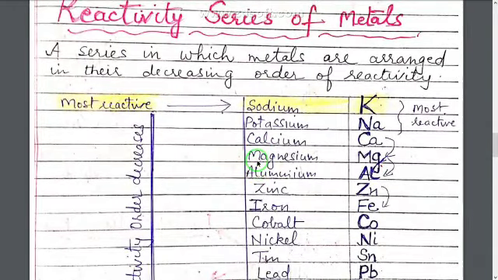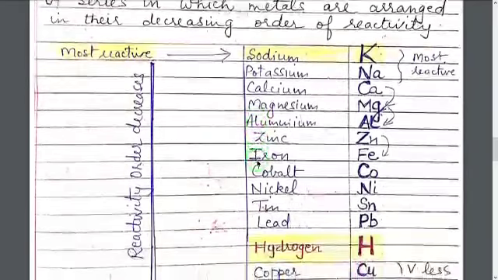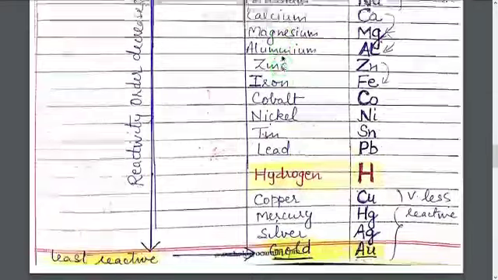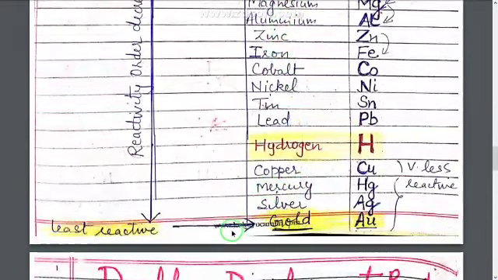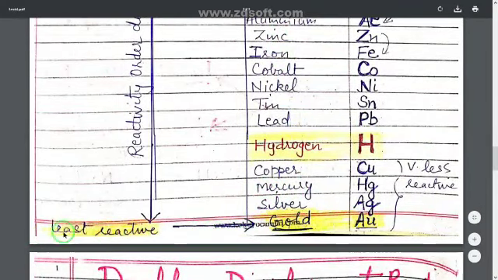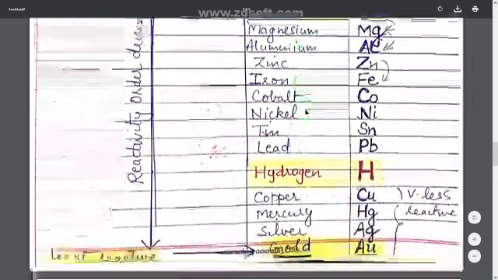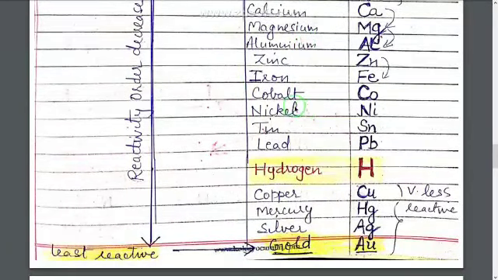The most reactive element comes on top and the least reactive at the bottom. Gold is the least reactive element in this series, and sodium is the most reactive. As we go down the series, reactivity decreases.